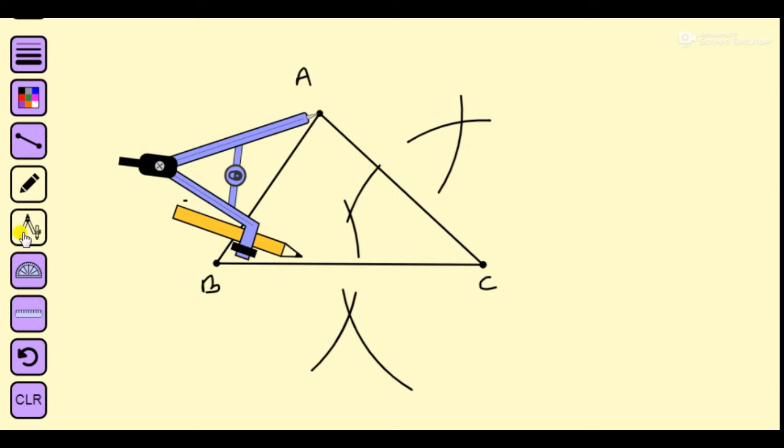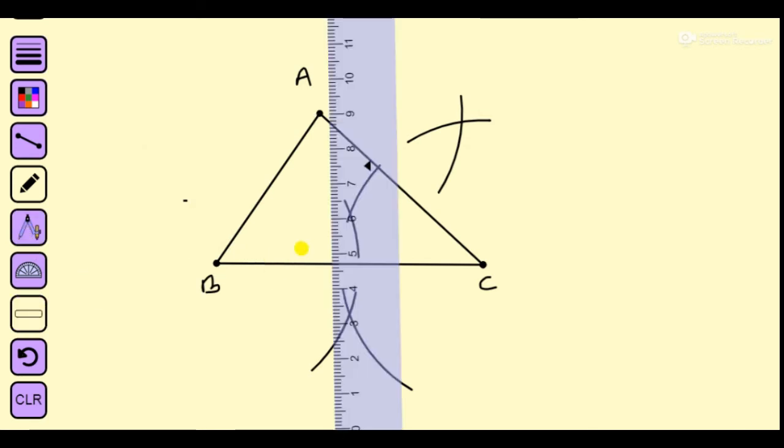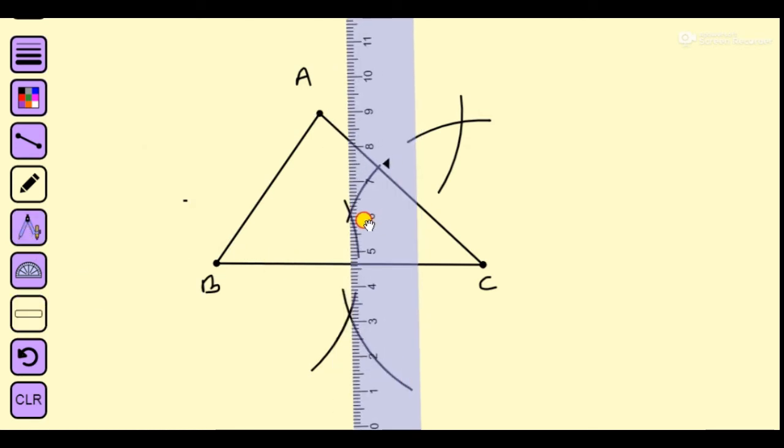Now remove the compass, take the scale and draw a line, this one.